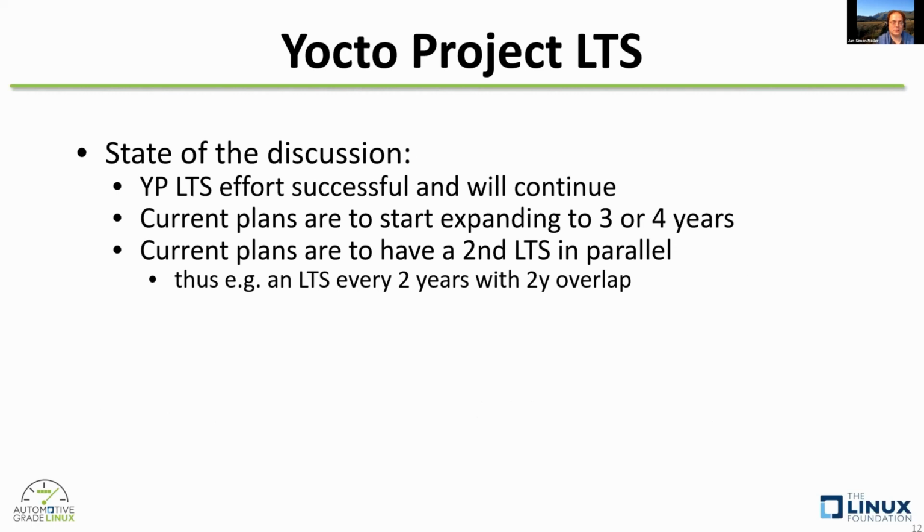A, the Yocto project wants to expand the lifetime to 3 to 4 years, and members also raised the need for a second LTS in parallel, so that if we go up to 4 years, we do not get stuck in some areas for 4 years and then until we can jump to the next LTS.